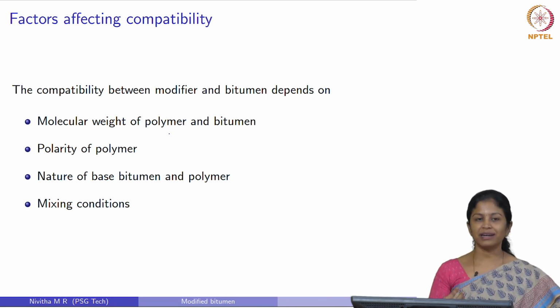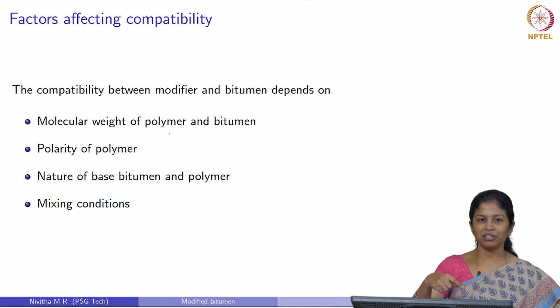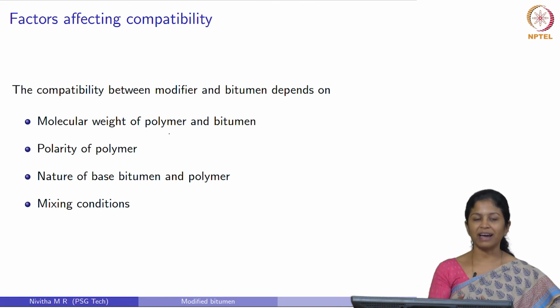This mixing condition, the shear rate at which the modifier is blended with bitumen, the type of blade that is used, the temperature at which blending is carried out and the amount of time for which blending is carried out, all of them have a significant effect on the properties of modified bitumen, if not for all modifiers, at least for some kinds of modifiers. So, again we need to take into account these mixing conditions. So, these are some of the factors which affect the compatibility and the properties of the modified bitumen.